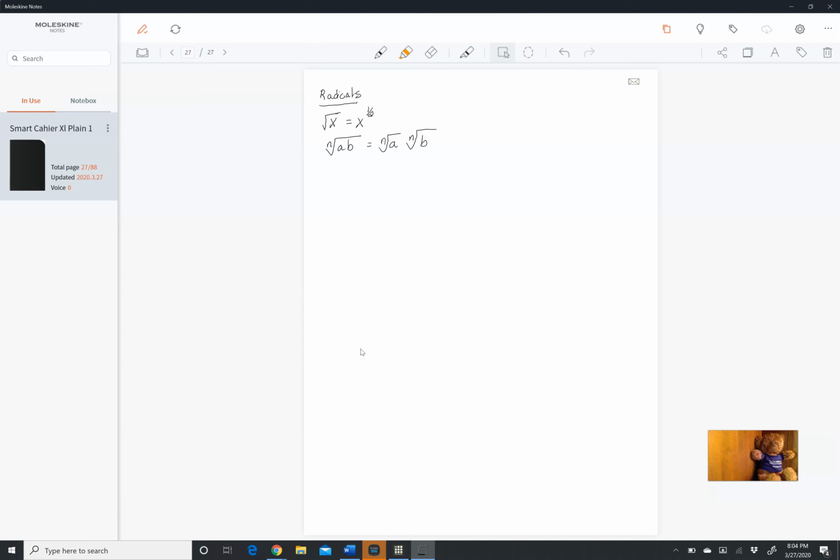Okay, let me clarify some of this in terms of definitions before I go further into this. I should have done that. I'll put this off to the side. If we have a radical that looks like this, okay? So just some terminology first. What's under the radical is called the radicand.